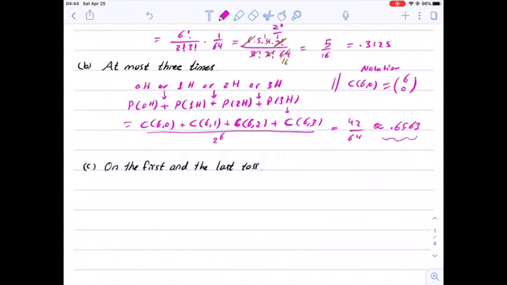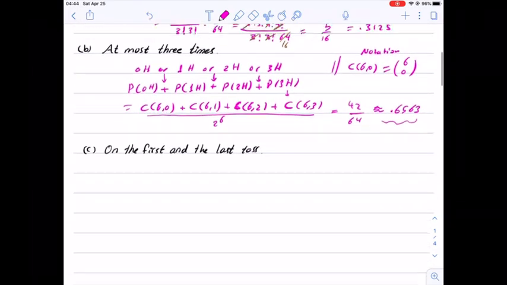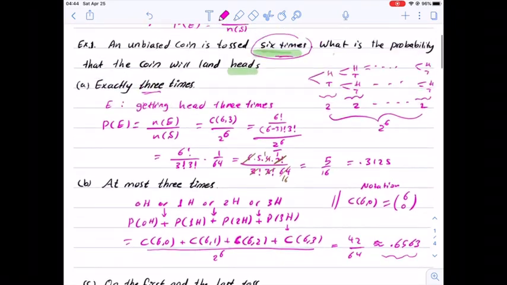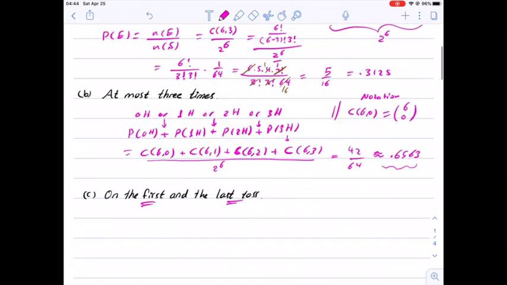Now part C, we want to see what is the probability that we get a head on the first and the last toss. So the first and last toss. For the first toss we only have one option, one choice.